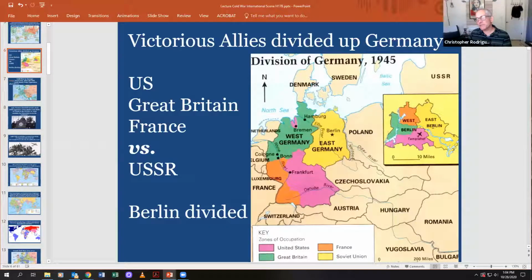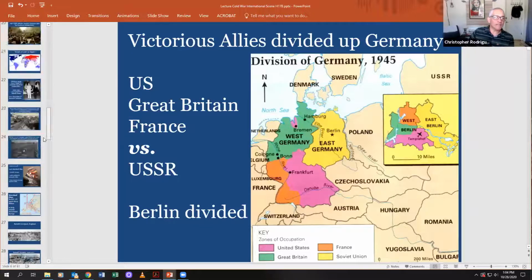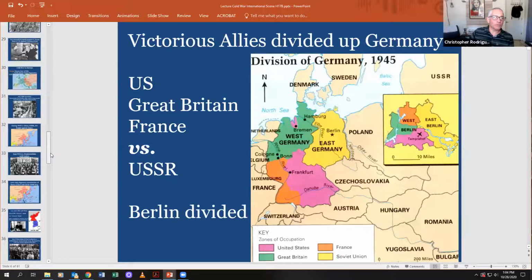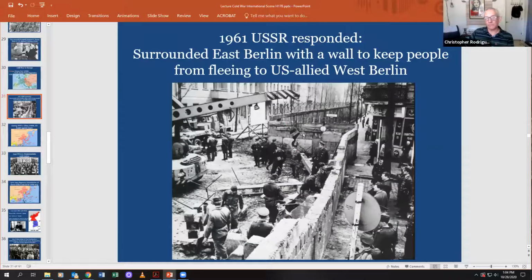Many people in Eastern Europe are saying, heck with living under this communist regime, we're going to go live over here. And the communist regime in East Berlin said, nope, we don't want to lose all our best and brightest. So that's when the wall was built, right? The Berlin Wall was built literally to keep Westerners out of the East. Here's East Berlin over here, and here are West Berliners looking at them.